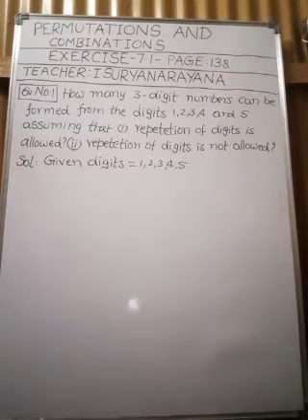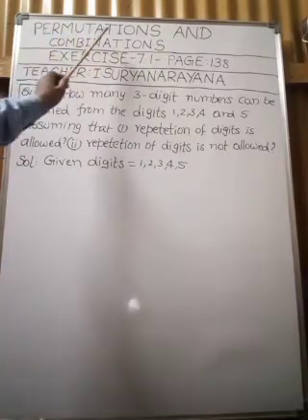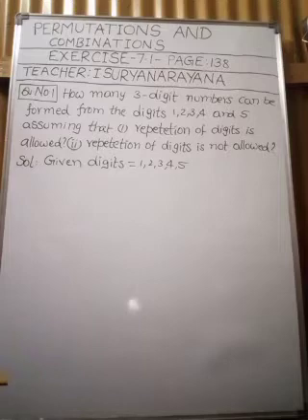Logical thinking is very important for this chapter. This fundamental principle of counting is the base for this chapter, permutations and combinations. So understand that concept well.